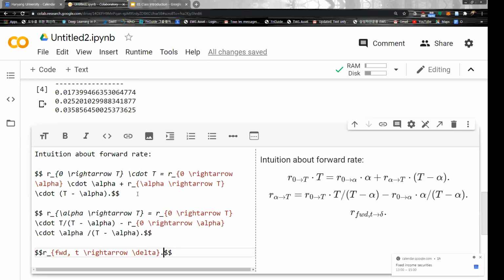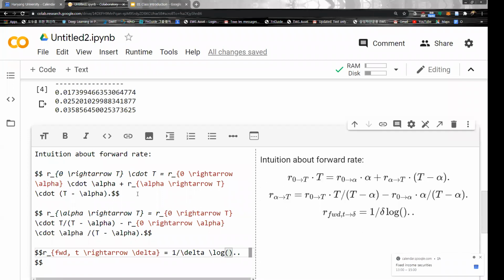T and delta is for the future period. So what I do is basically 1 over delta, and then the ratio of the two prices. Ratio of bonds, what notation? P, I know the notation P, right?